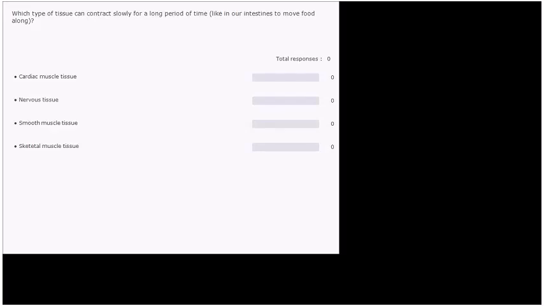Which type of tissue can contract slowly for a long period of time, like our intestines, to move food along? Again, you guys are very quick on that one, and you are correct. It is smooth muscle tissue.